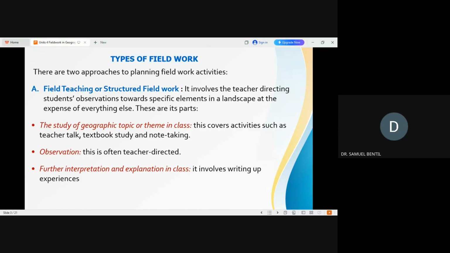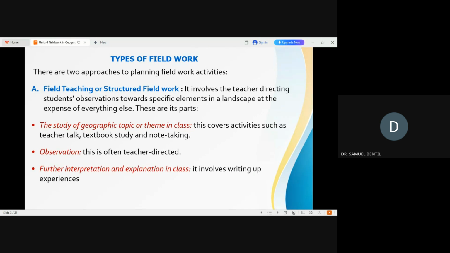So for example, if I want to teach you the concept of cave, and I take you to Commander Cave as a teacher, and as you observe and I teach, I tell you what it means, the processes and all those things on the field, where you also have opportunity to ask questions. That is field teaching or structured field work, because it's the teacher who has taken you there and he is the one teaching you the concept of what cave.